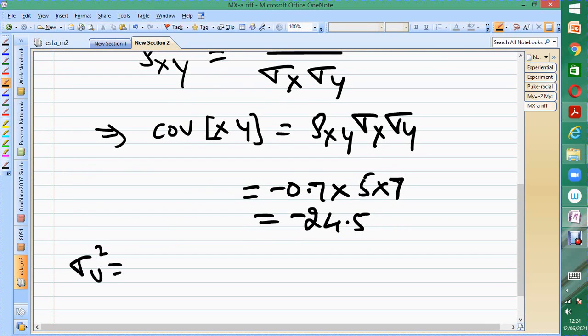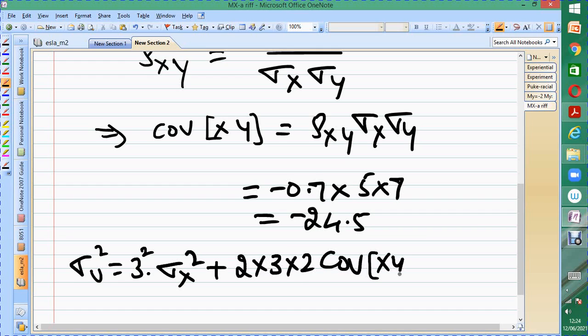So here sigma u square is equal to, now directly I will be substituting all the values: 3 square into sigma x square, plus 2 into a into b, that is 3 and 2, into covariance of xy, plus 2 square into sigma y square.